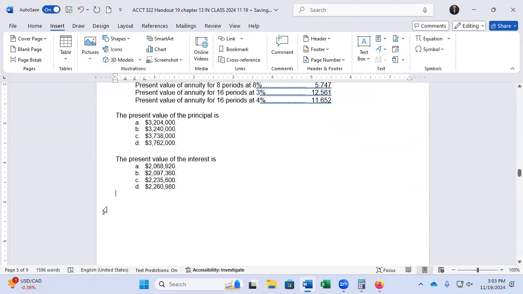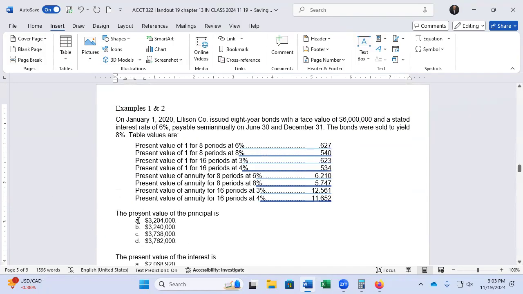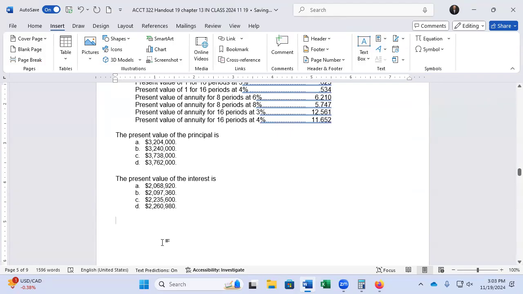Okay. I know I didn't give you a lot of space here, so I apologize for that. I'm going to just make some notes here.